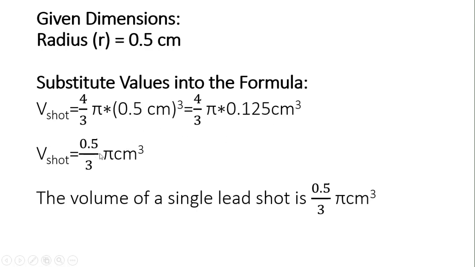Finally, how much did we get? 0.5 by 3 pi cubic centimeter. So the volume of each single lead shot is 0.5 by 3 pi cubic centimeter. Okay, so till here we are clear.